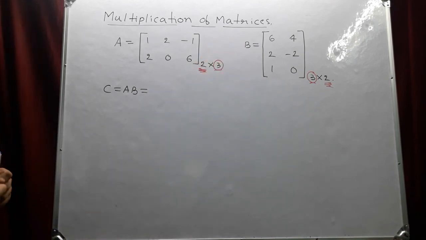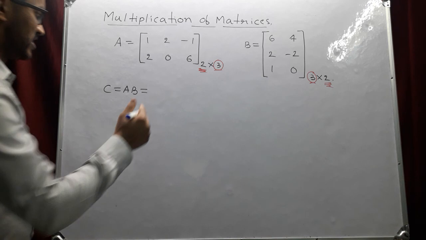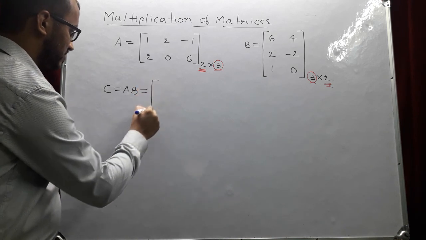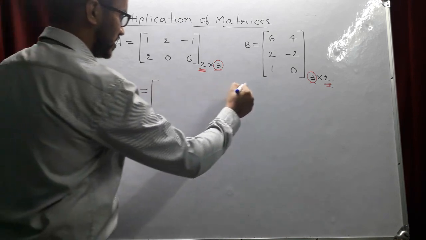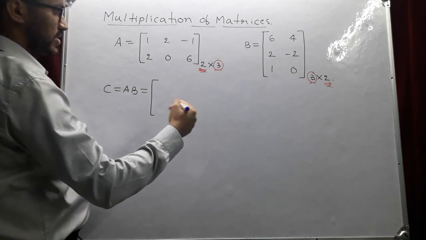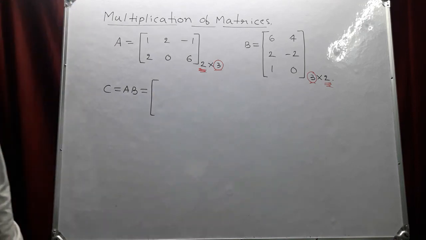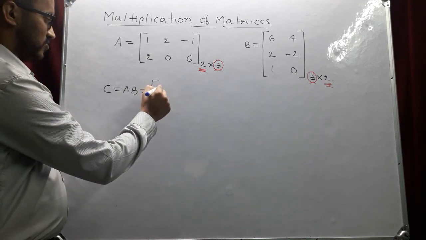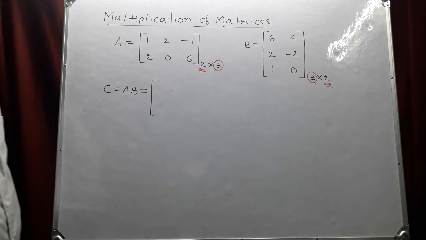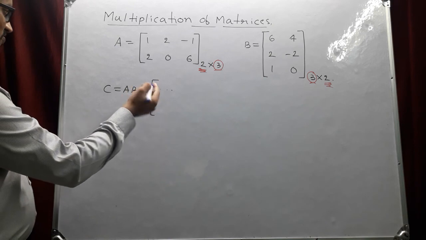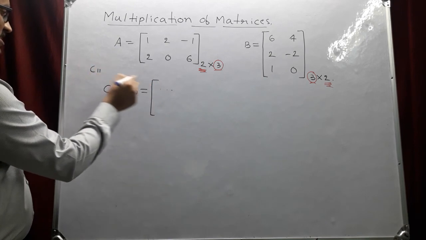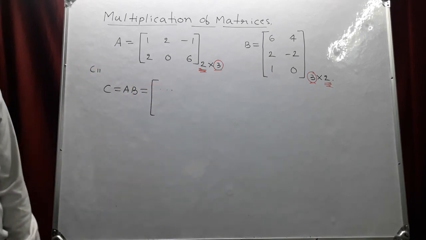So let us see how to find the elements of the product matrix. Let us find the first element, which I will denote as C11.